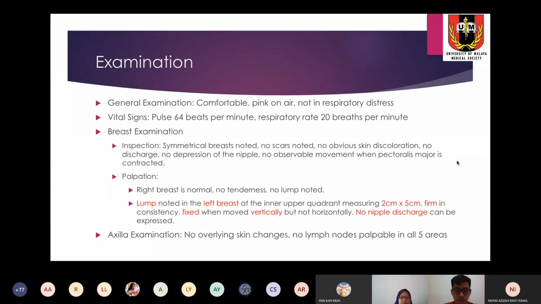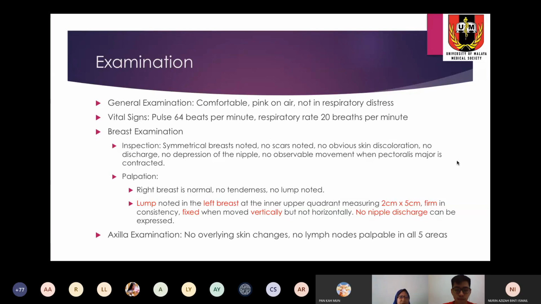How you palpate depends on whatever type of palpation you want, horizontally or radially, but use your three fingers, the pads and not the nails. You use the bed, and you palpate and don't ever miss a 1 cm lump.